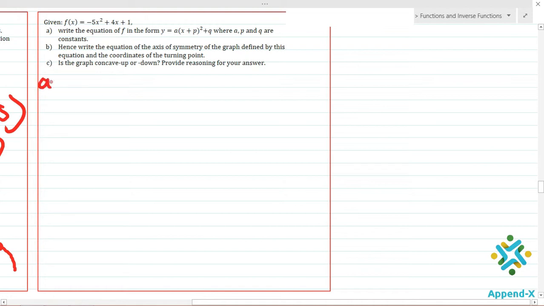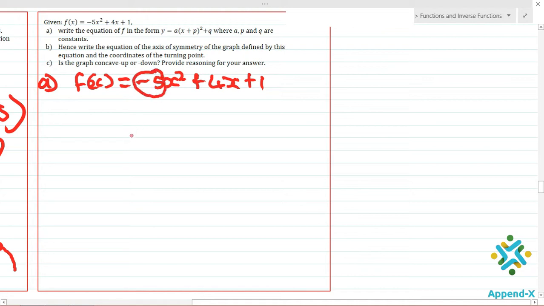That is part A. Now the equation of f in standard form is given as f of x is equal to negative 5x squared plus 4x plus 1, okay? Again, the coefficient of x squared in this equation is not a positive 1. It is a negative 5 in our case, okay?